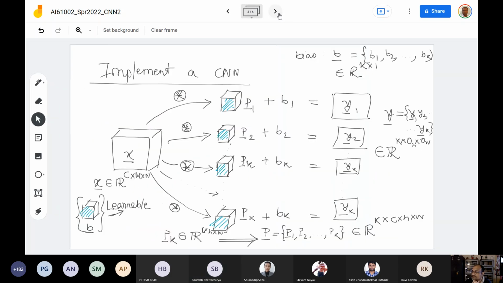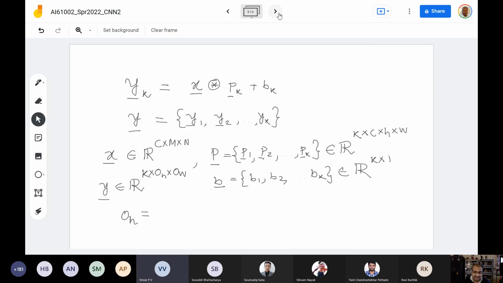So is this called a 2D CNN or a 3D CNN? This is a 2D CNN because the translation is in 2D. Whether it's 1D, 2D or 3D depends on in how many dimensions the kernel is translating. Here it translates only in X and Y, the horizontal and vertical dimensions. That's why it's a 2D CNN.